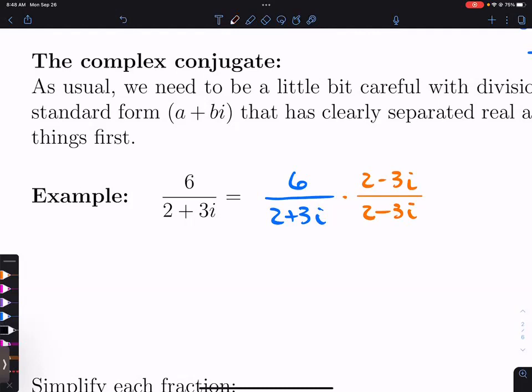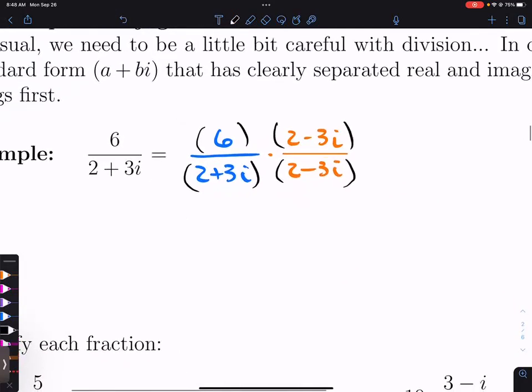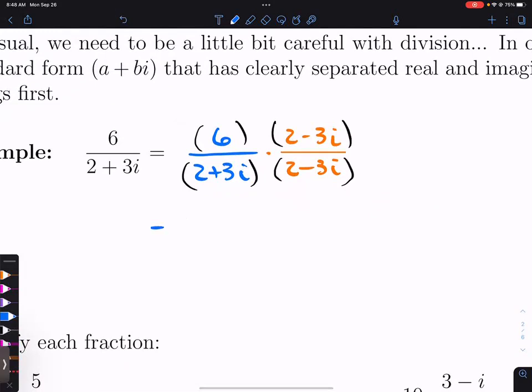All right, then do the multiplication. Treat everything like it's in parentheses or grouped. So on top, 6 times the quantity 2 minus 3i would be 12 minus 18i.